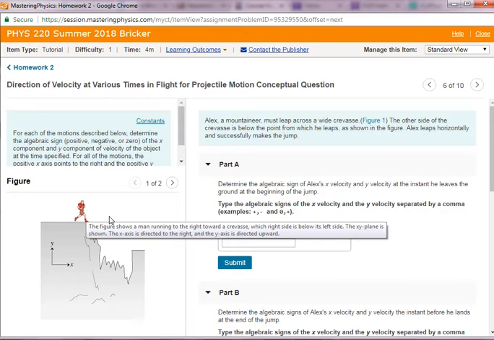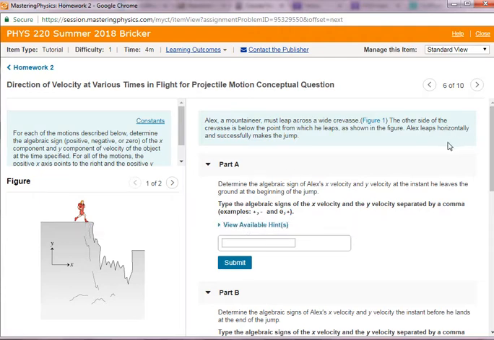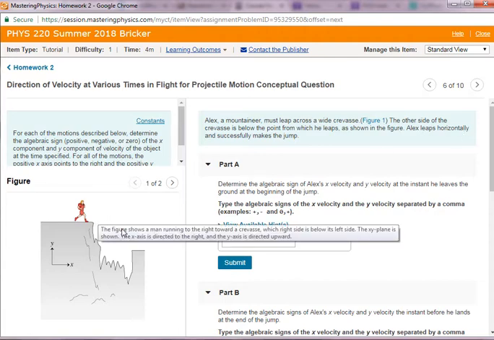So the y velocity initially is 0. Okay, so keep that in mind for other problems. Horizontally means you do have an x velocity, but there is no y velocity. Now as he continues on his path, he's definitely going to pick up a y velocity, but initially there is no y velocity.